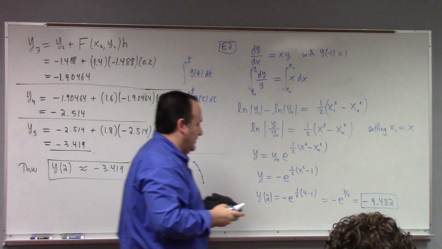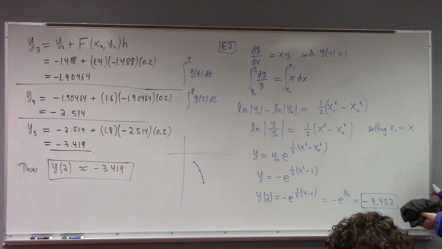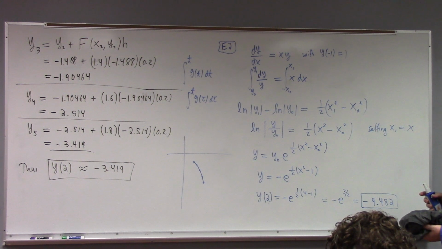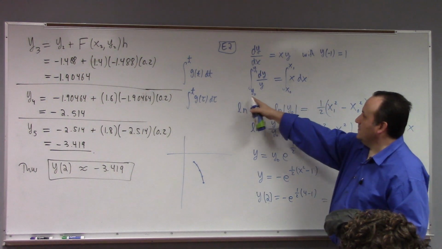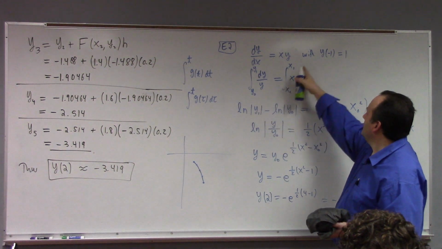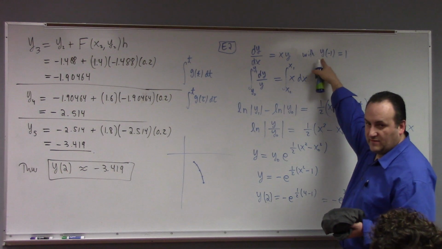So what do you use the notation of y of negative 1 equals 1? Use which notation? Sorry. You said dy dx equals xy, with y, you put in this negative 1. Oh, like this notation here? No, above that. Top right. Right there. Oh, that just is the function notation. We're looking for y as a function of x.